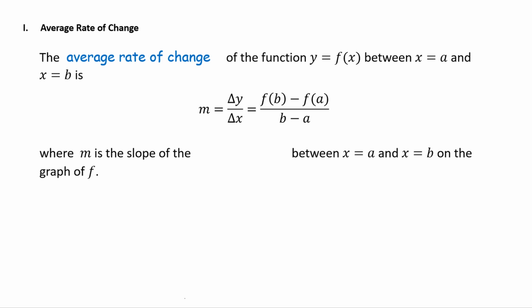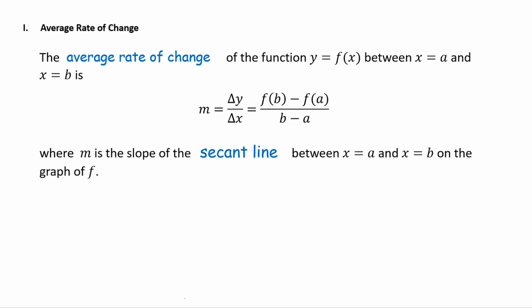A little change in y over a little change in x is equal to f of b minus f of a divided by b minus a. And remember, you can write f of b or f of x as y. So with that said, this is m, and m is the slope of the secant line between x equals a and x equals b on the graph of a given function f.